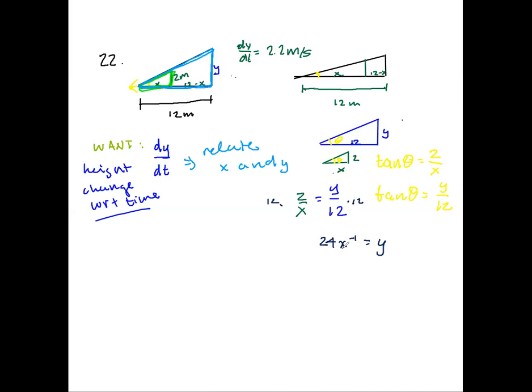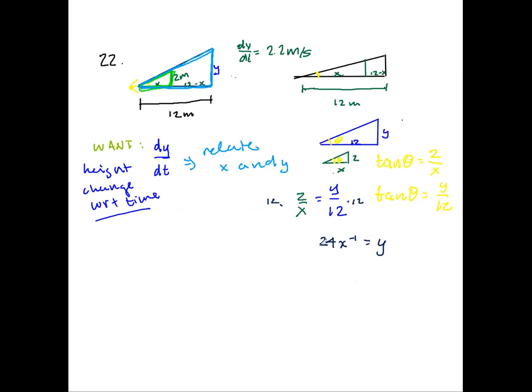Now I know that x is a function of time. This is x of t, and this is y of x of t. So we're going to do basically a very similar thing that we did before, and we're going to implicitly differentiate in order to find the rate of change of y with respect to time.